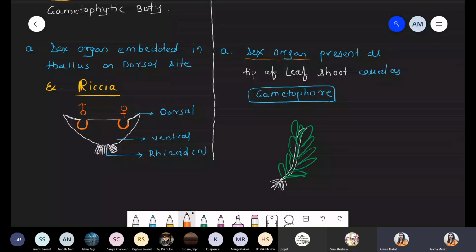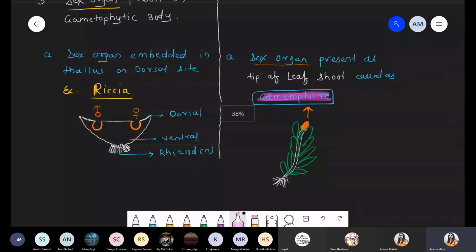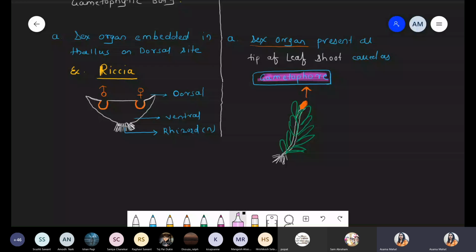But during maturity, on the tip there is a presence of the sex organ. Such a shoot where sex organs are present is called a gametophore. This typical structure is called the gametophore structure. Clear? At maturity. Okay. Should I continue to the next part?